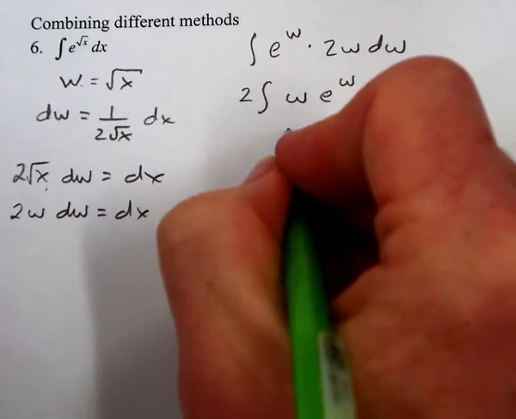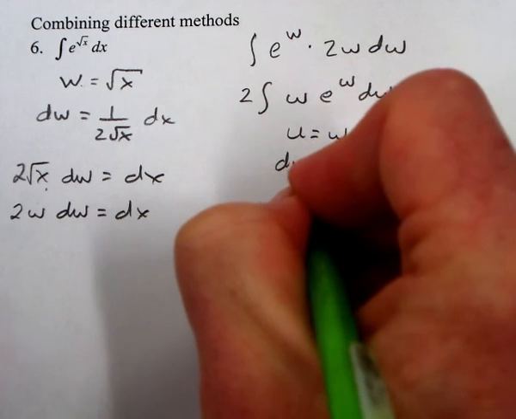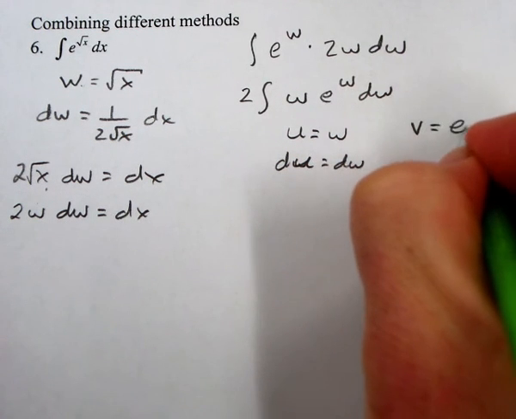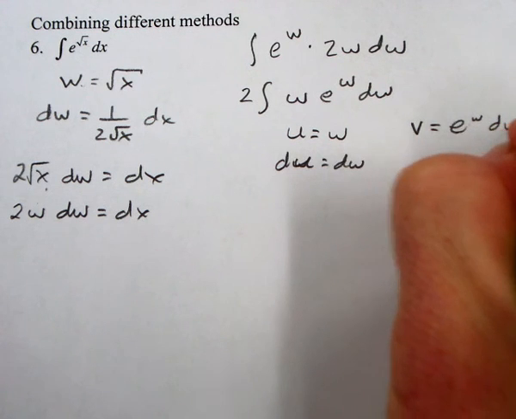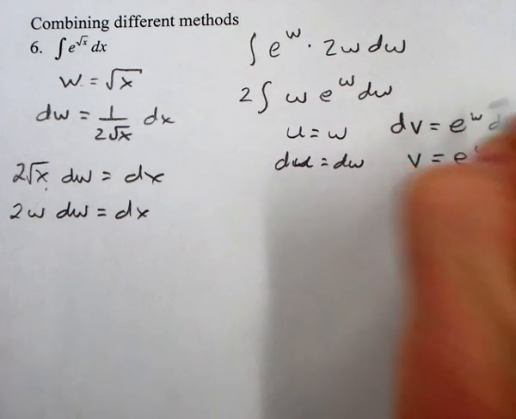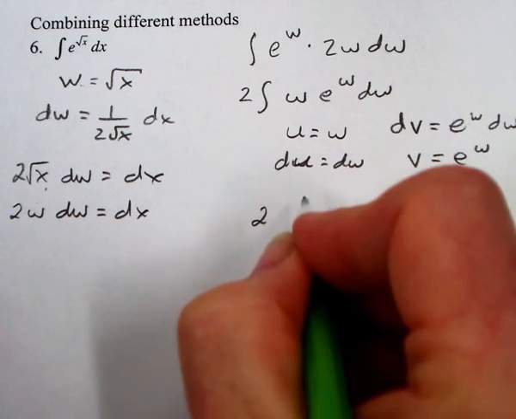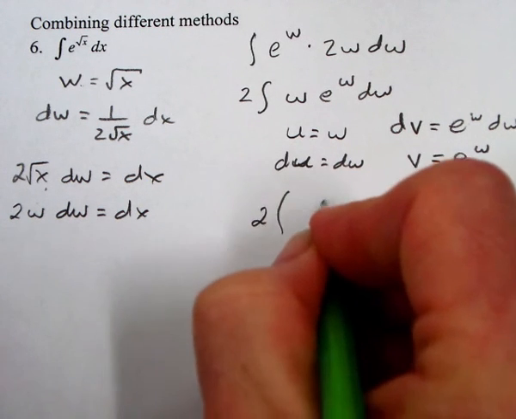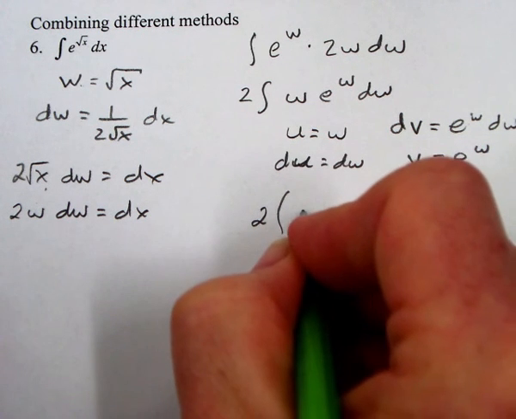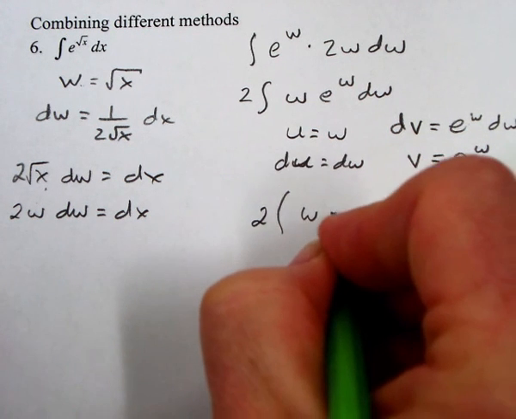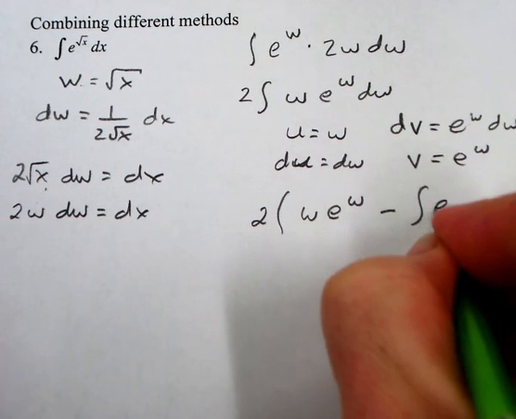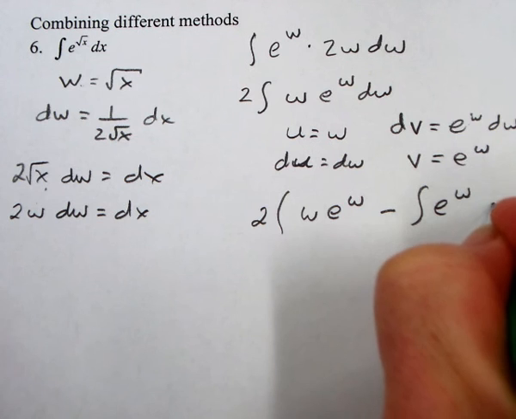I made a w there because I want to say u equals w, so du equals dw. dv equals e to the w dw, so v equals e to the w. Now we'll have that constant out in front, and we have uv, which will be w e to the w minus the integral of v, e to the w dw.